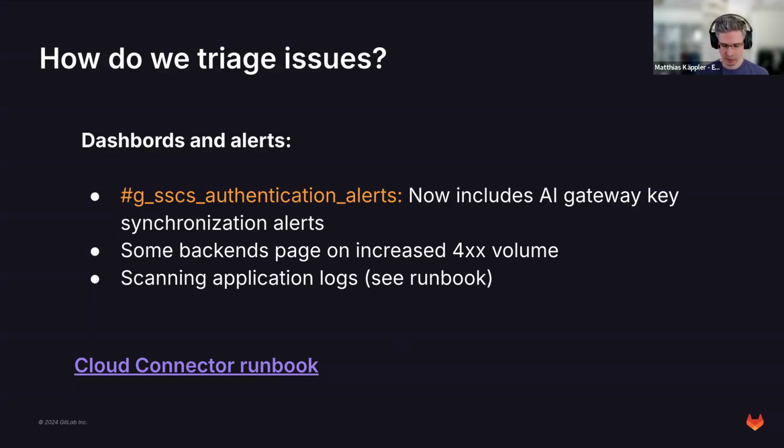So we made some moves to harden that logic a bit as well in the AI gateway to make sure this is as likely to succeed as it can be, but it's not perfect. So there are still cases where we might get partial fetches.